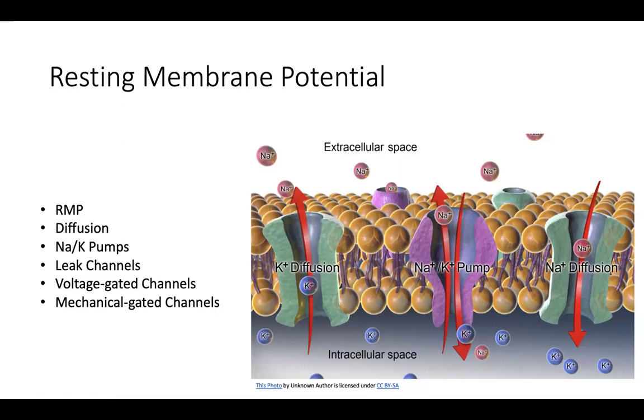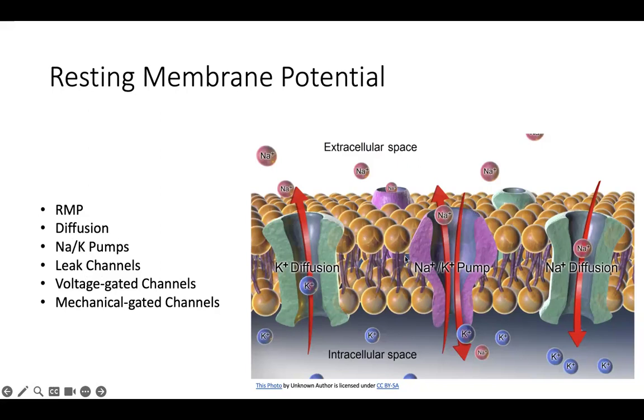And then there are these leak channels that you see here, and there are a lot more potassium leak channels than there are sodium leak channels. So a lot more positively charged ions are leaving than are coming in. So therefore it causes a negative charge inside this cell. Lastly are these sodium potassium pumps listed right here.